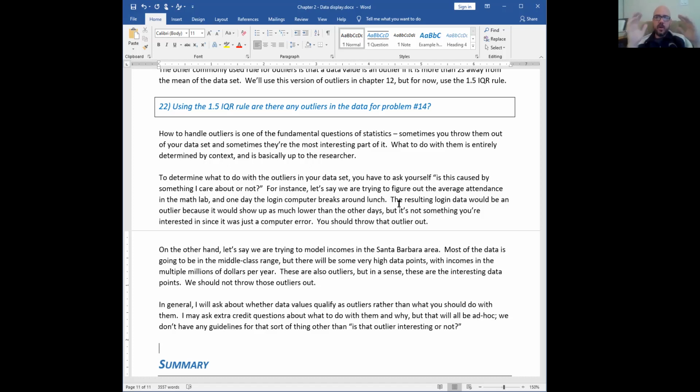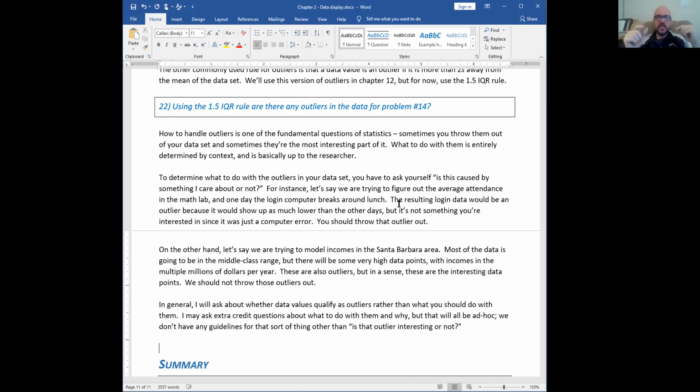So most people are down in the whatever $50,000 to $100,000 range, right? Something in that general vicinity. But some people are up in the like $10 million a year range. Very few of them that are far away from the rest of the data. And you don't want to get rid of those necessarily, right?